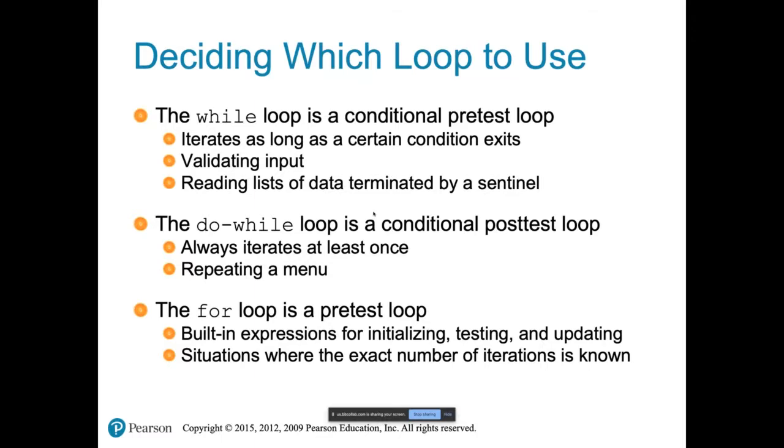The for loop is a pretest loop. It's built in an expression for initializing, testing, and updating, for situations where the exact number of iterations is known. We will revisit the for loop using the enhanced for loop, aka the for each loop, in chapter 7.